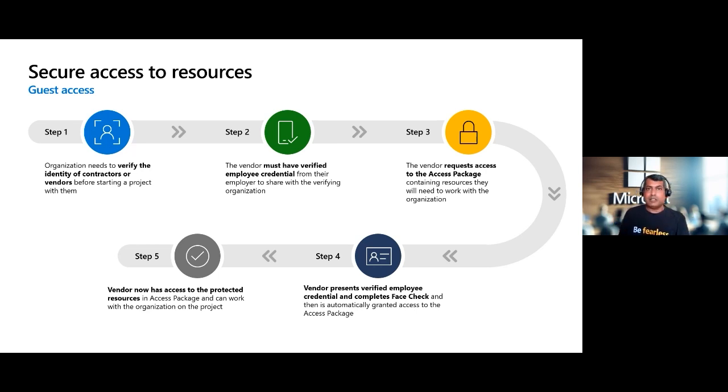So what we have done is, as part of the whole identity governance access management process through access packages, if a user does not have an account in your organization, a B2B account in your organization, as part of the process, the account is automatically created in your organization. Right? So it is automatically created.